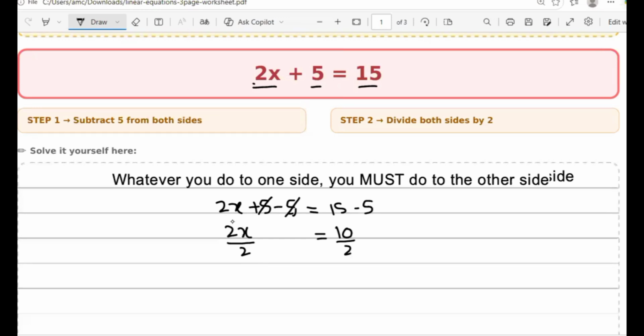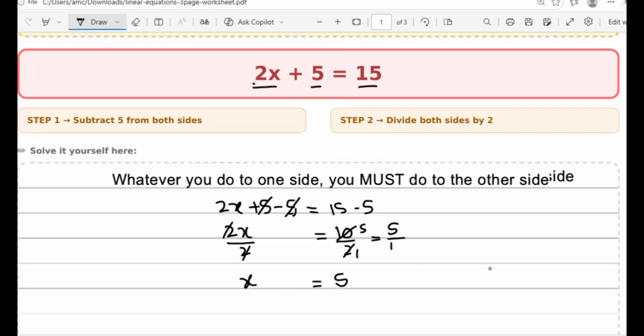This 2 is cancelled out with this 2, and so on this side we have x, and when we divide 10 by 2, we get 5. Like 2 times 1 is equal to 2, 2 times 5 is equal to 10. So it is basically 5 over 1, which is equal to 5.